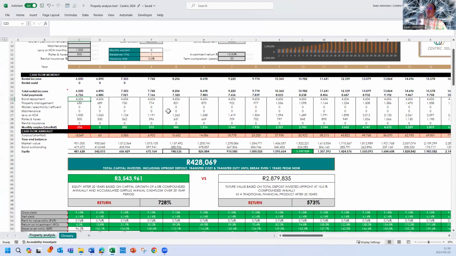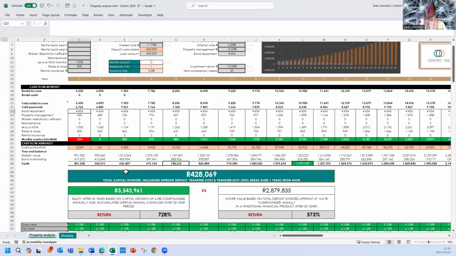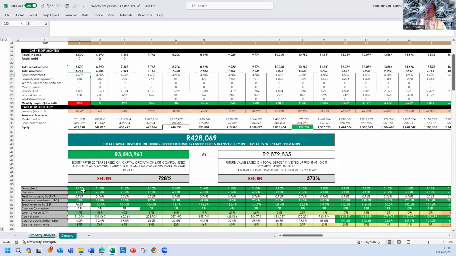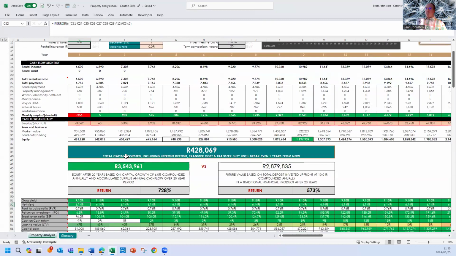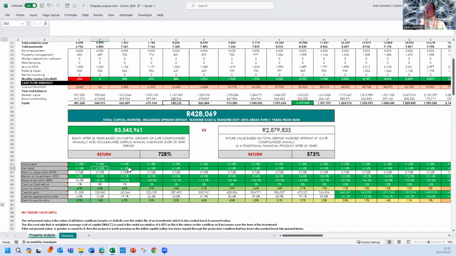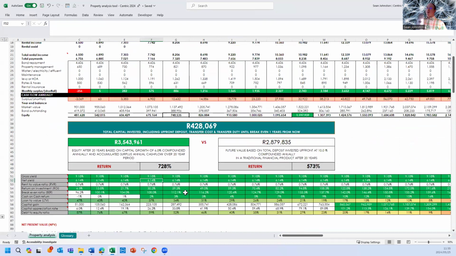A bond is what you get from the banks. The reason I've excluded it is because you want to know what cash flow you're getting from this property if it is paid off, relative to inflation and other investment vehicles that you're getting cash flow from.